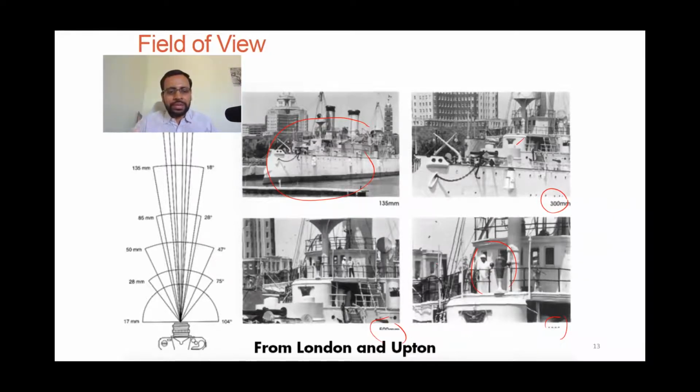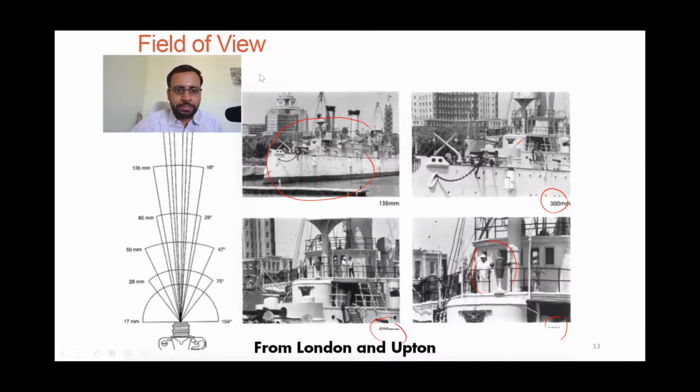That's why they use tripods, not just because of the weight of all those lenses, but because even a small tilt would take you somewhere else. The message here is that the field of view keeps on reducing as your focal length increases.